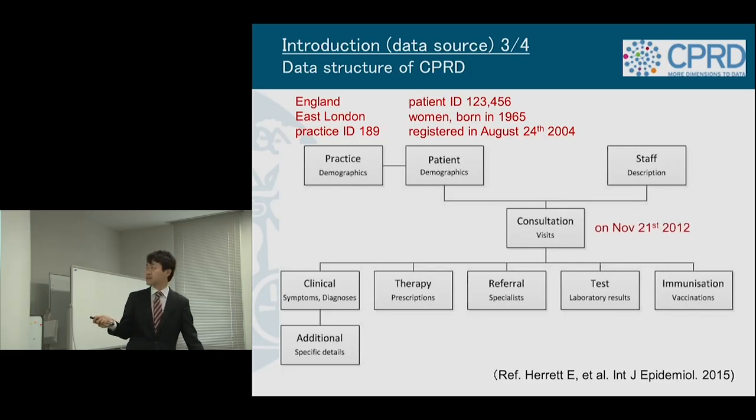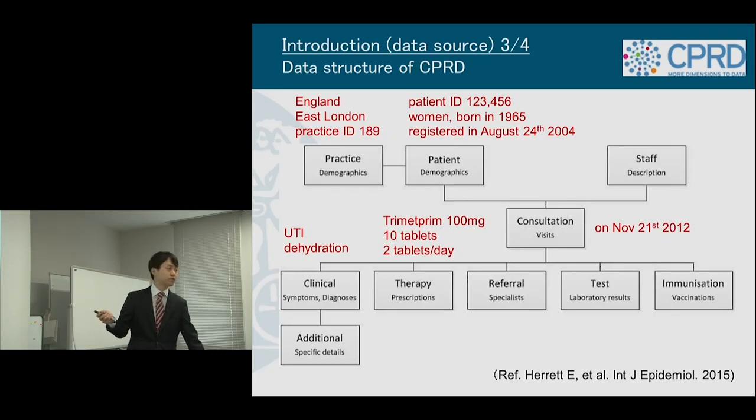If she visits the GP on November 21st, 2012, a doctor or GP diagnosed her as having urinary tract infection and some extent of dehydration, and prescribed an antibiotic, trimethoprim in this example, for 5 days.